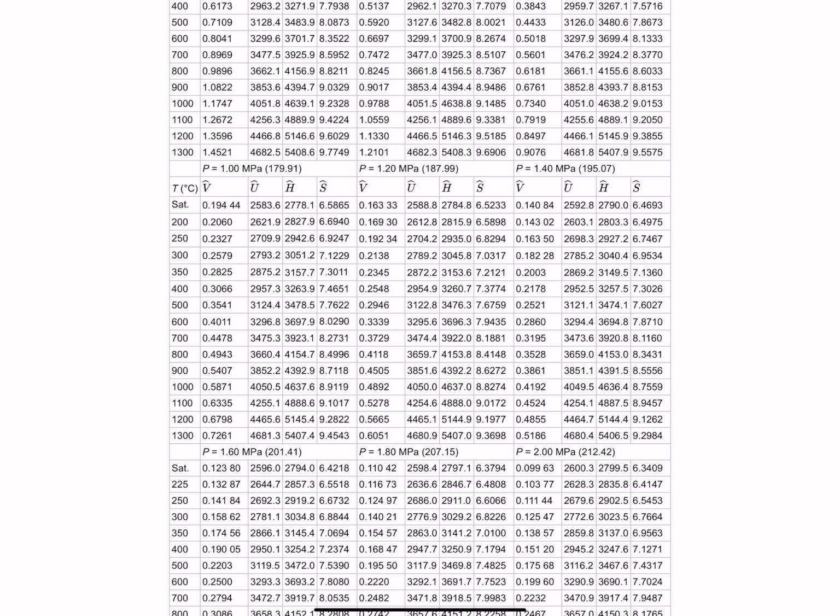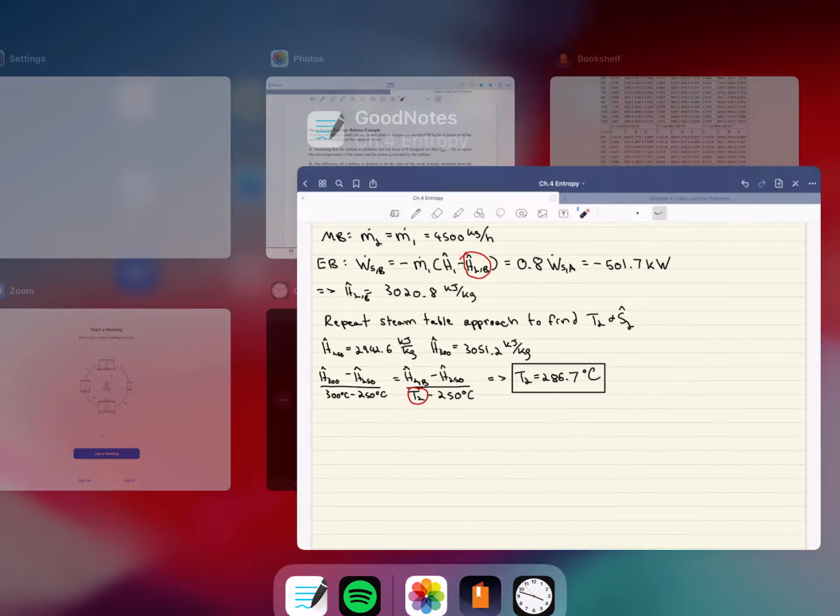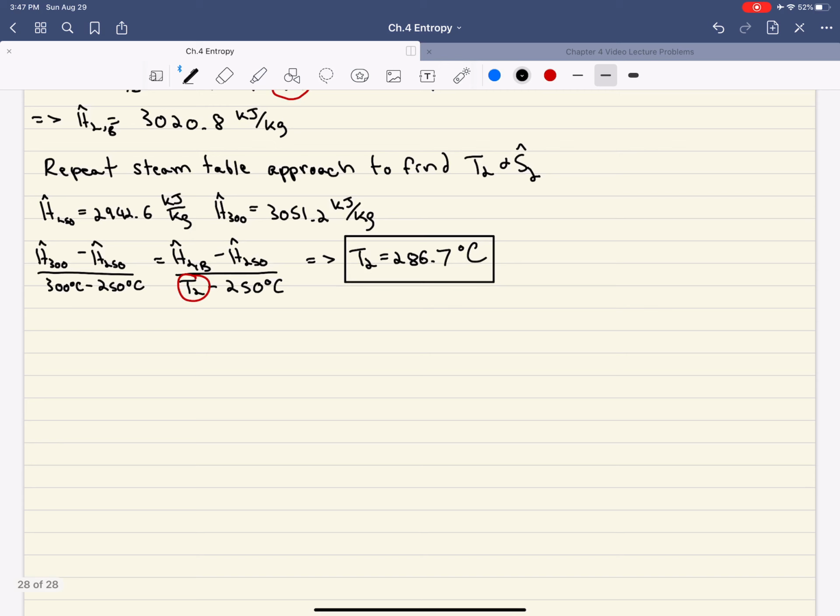Let's write them down. S250 is equal to 6.9246 kJ/kgK. S300 is equal to 7.1229 kJ/kgK.